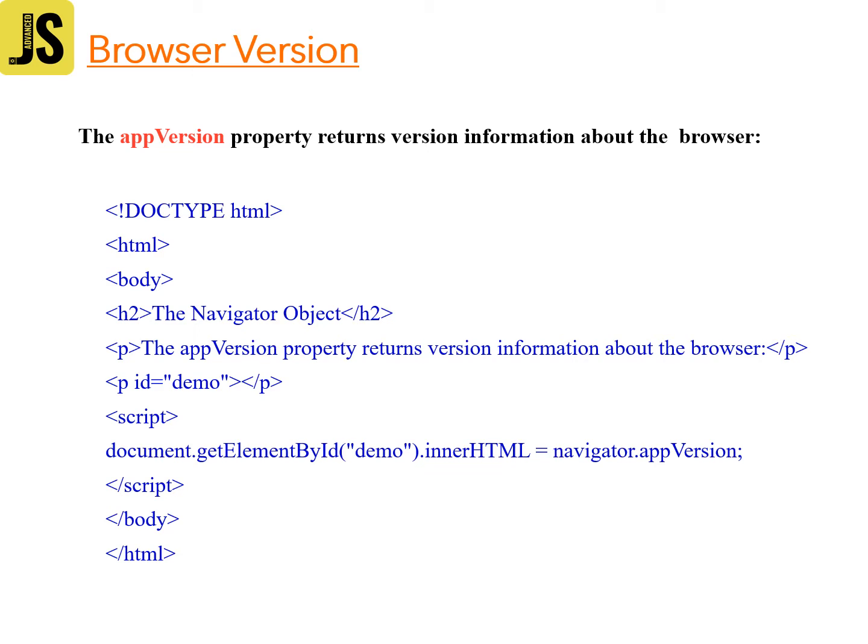What happens in this statement is that the script will extract navigator.appVersion, the version information about the corresponding browser, and that value will be placed in the innerHTML of the demo ID. So after executing this web page, the appVersion description will be in the text of this particular paragraph.